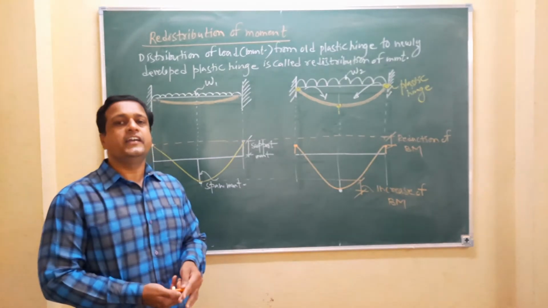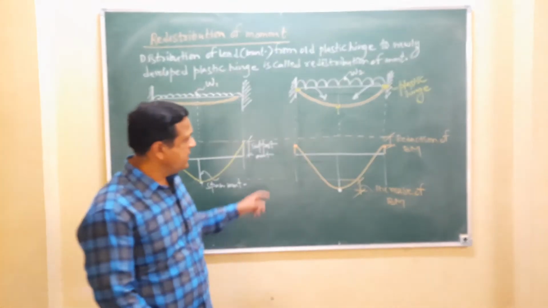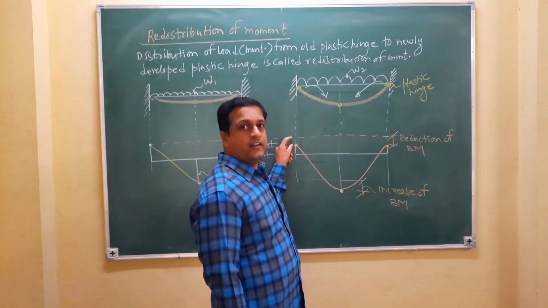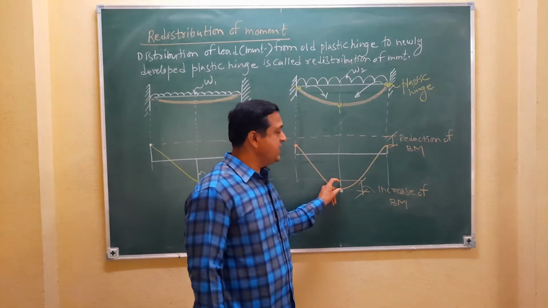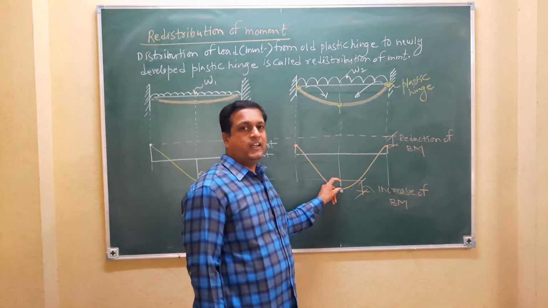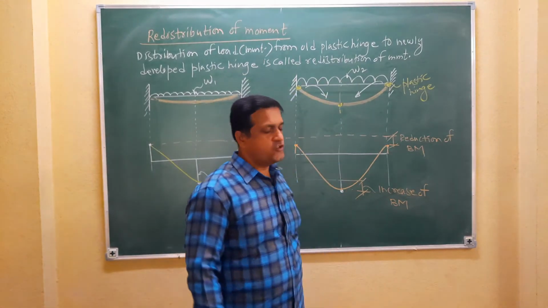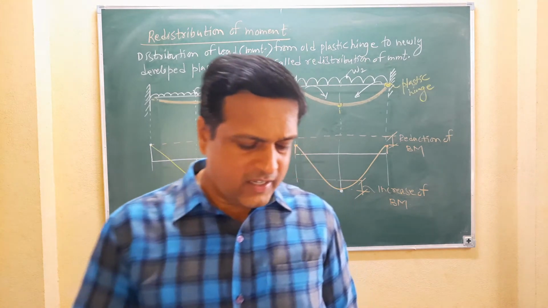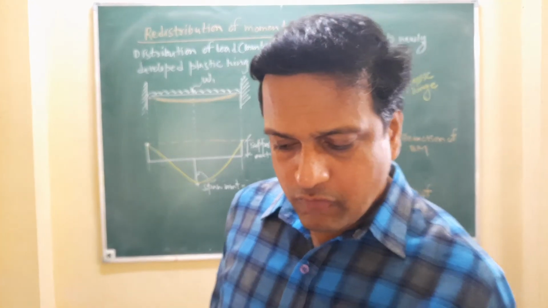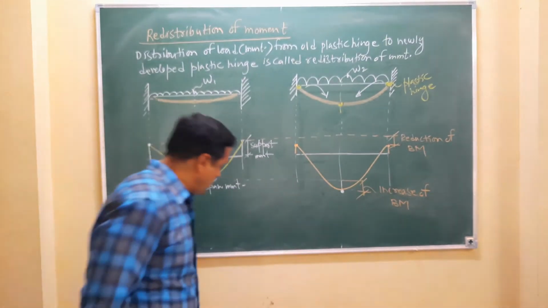This is called the redistribution of moment: reduction at the peak point, simultaneously increase at another point. It is nothing but the redistribution of moment due to transfer of load from one plastic hinge to another plastic hinge.